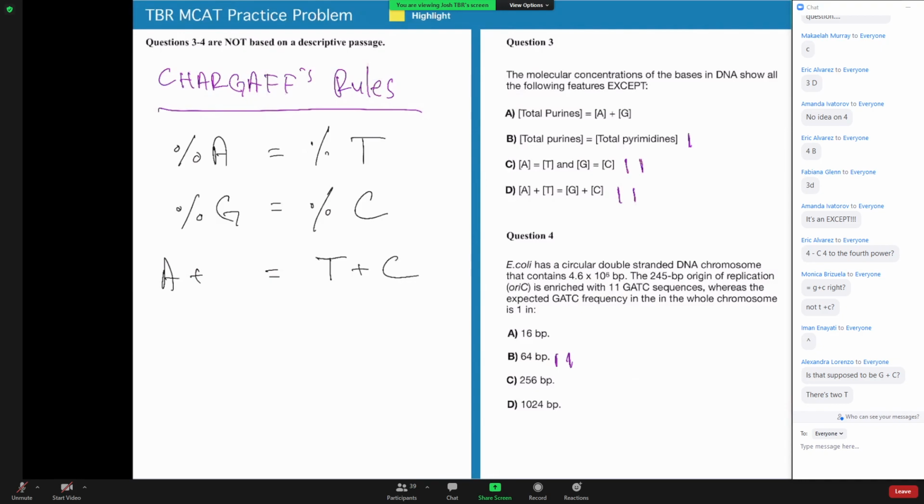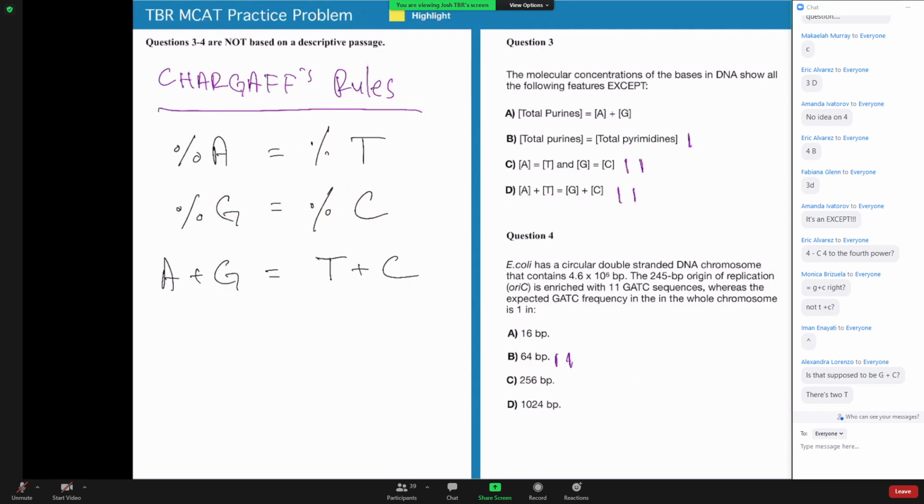Oops. A plus G is equal to T plus C. Sorry. That's because this binds, hydrogen bonds, to this.